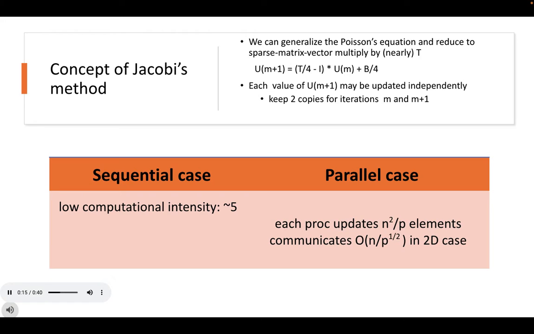We will implement Jacobi's method by sequential computation, and in this way we can easily understand Jacobi's method. If we want to improve the efficiency and the computational intensity, we can use parallel computation to implement Jacobi's method.